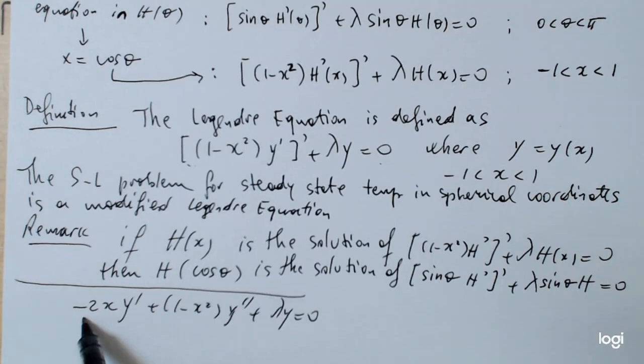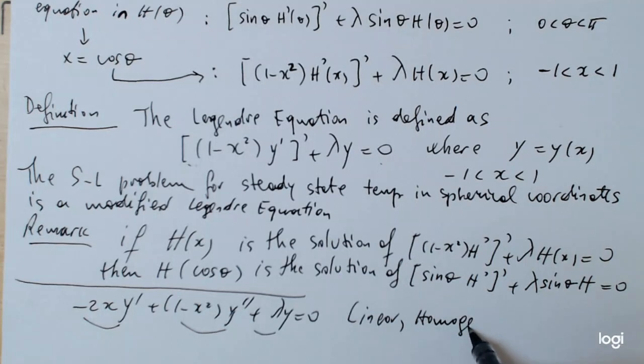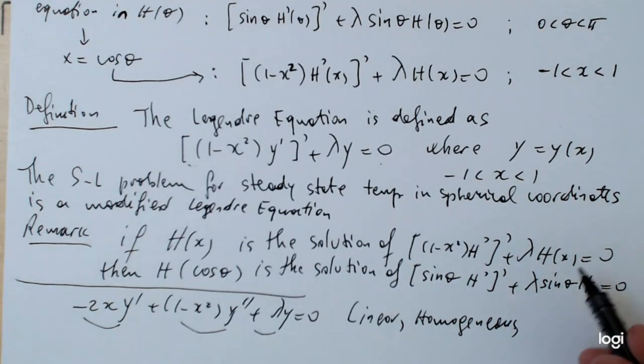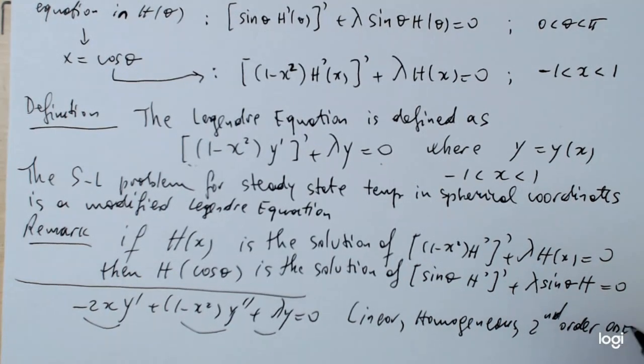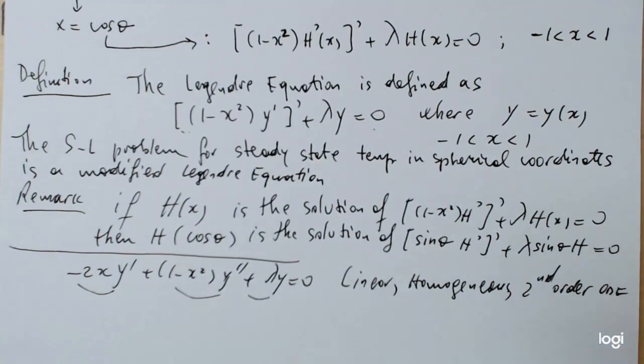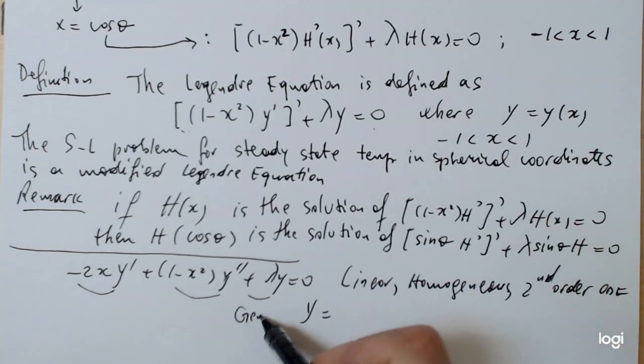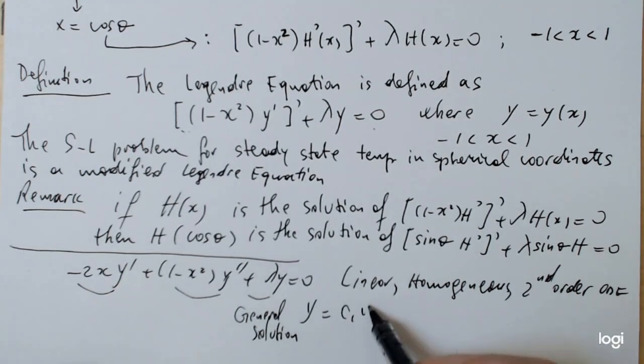But it's important to point out that this is still a linear, homogeneous, second order ODE. And what does that mean? If you remember what we studied in ordinary differential equations, it means that y, the general solution, is still a linear combination of two independent solutions.